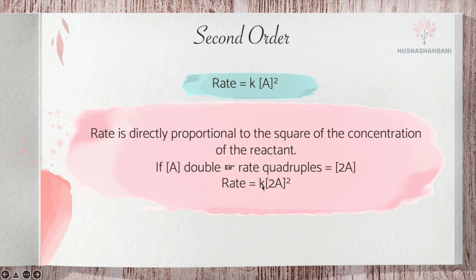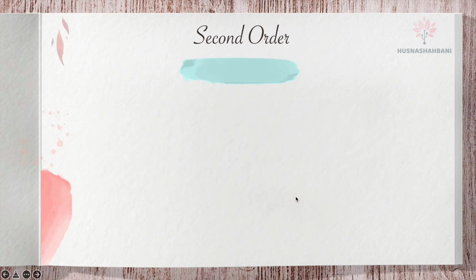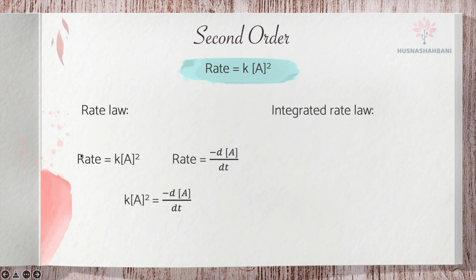So rate equals k(2A), where you double A, and then this is power 2. That's why you say that the rate is quadruple: rate equals 4k[A] squared. Rate law: rate equals k[A] squared, and rate is also equal to negative d[A]/dt.